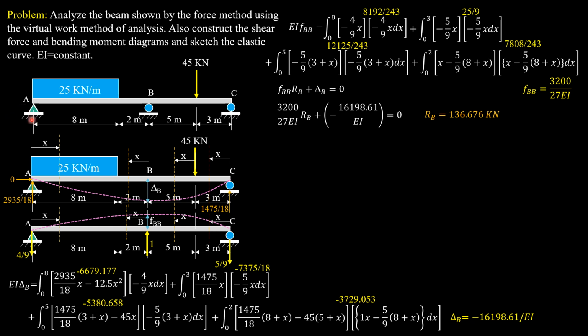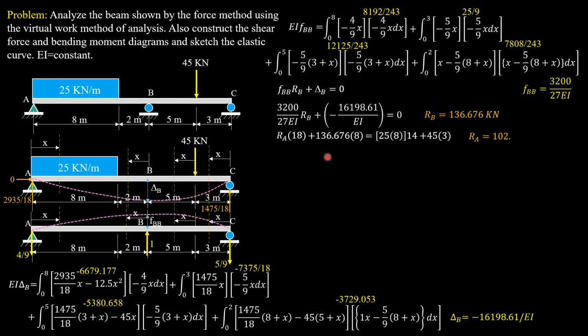So imagine this is R sub A, this is the original beam, which is indeterminate to the first degree. Summation of moment about C equals 0, so RA times 18 plus RB, which is 136.676 times 8, equals 25 times 8 times 14 plus 45 times 3.